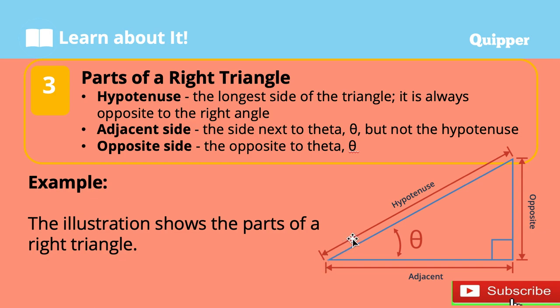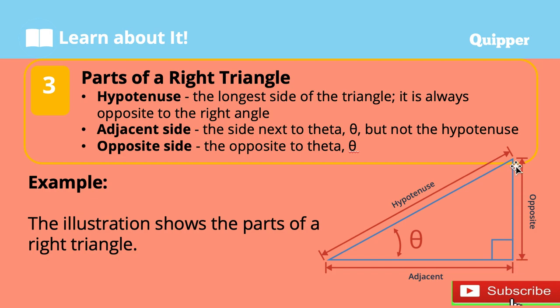Then we have the adjacent side. It is the side next to theta, but not the hypotenuse. Since our focus, the angle theta, is in here, our adjacent side must be this one. Next is the opposite side. It is the side opposite to angle theta. Since our angle theta is here, then this side must be the opposite.